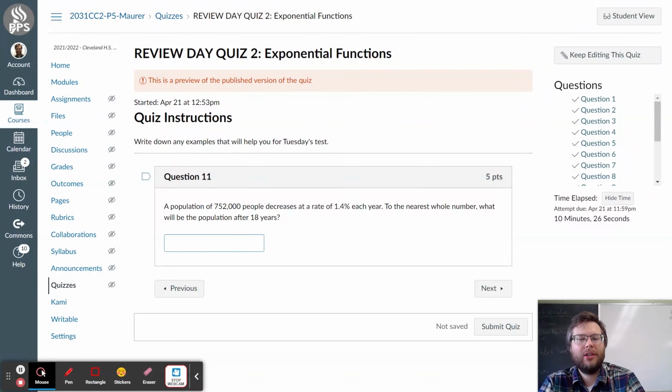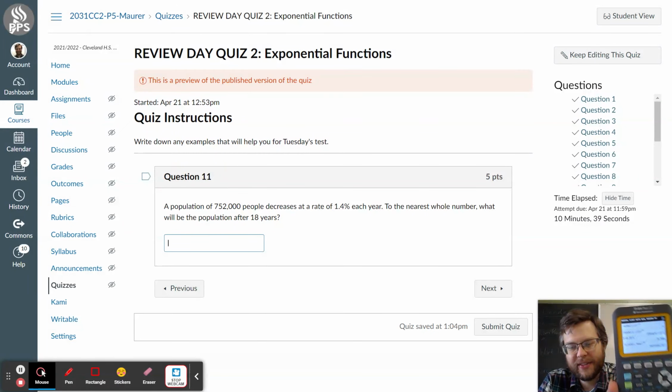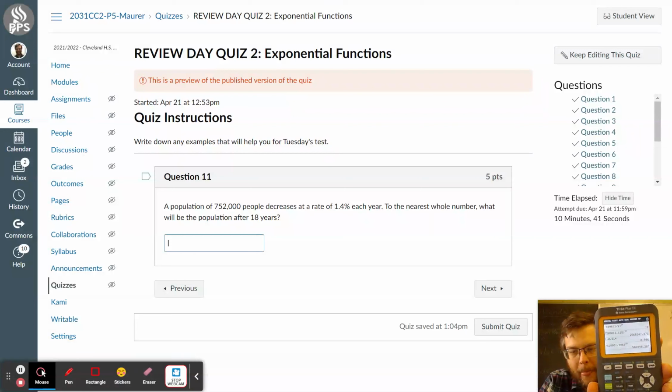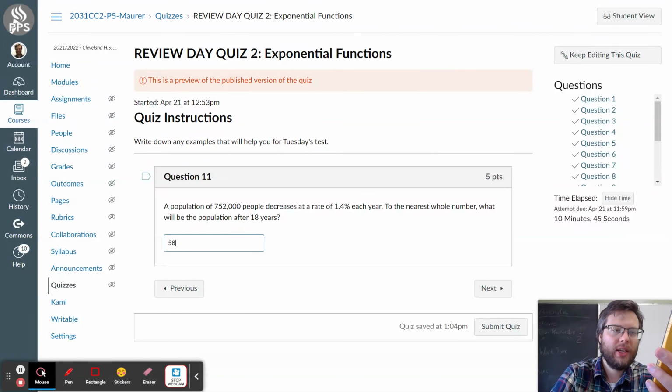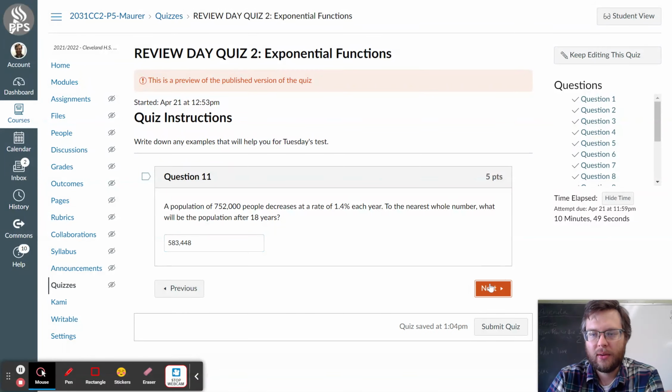To the nearest whole number, what will the population be after 18 years? So I type in 752,000, I go 0.986, and I raise that to the 18th. I get this number, see how I typed it in? And so that number, 583,448. Boom.